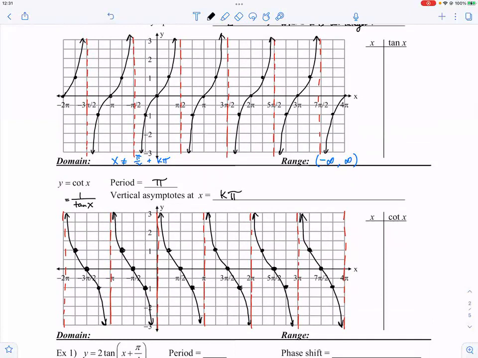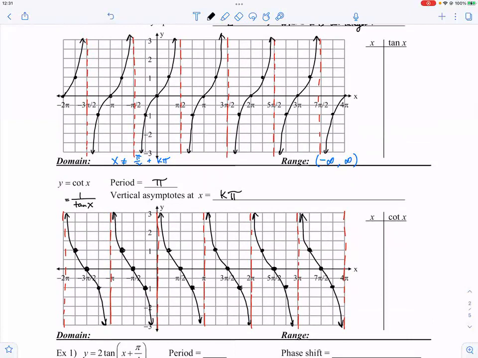All right, so a few questions here. Do you understand why we use the letter k in this case? Okay, we use the letter k because we are lazy. We don't want to list out all these asymptotes, so we just say, hey, let's just do k pi.